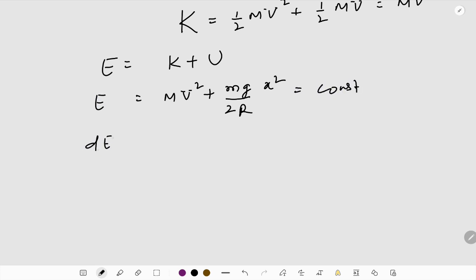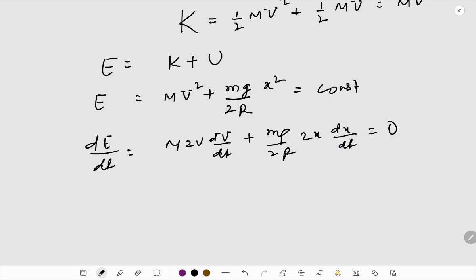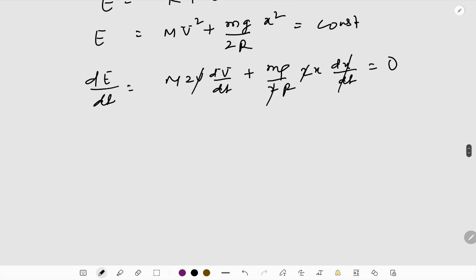So if I differentiate with respect to time, I can write here m 2v dv upon dt plus mg by 2r 2x dx upon dt, that will be equal to 0. And this v thing got out, so that I have the equation something like dv by dt plus mg upon 2mr x, that is equal to 0.